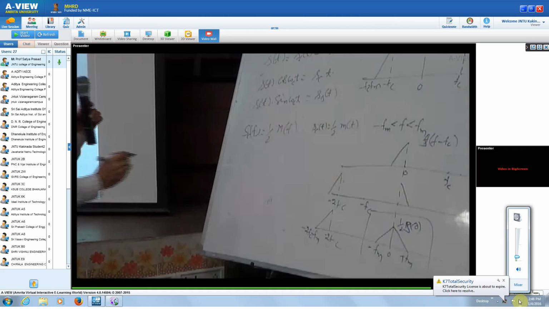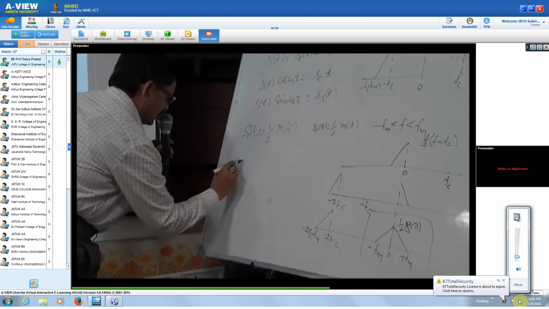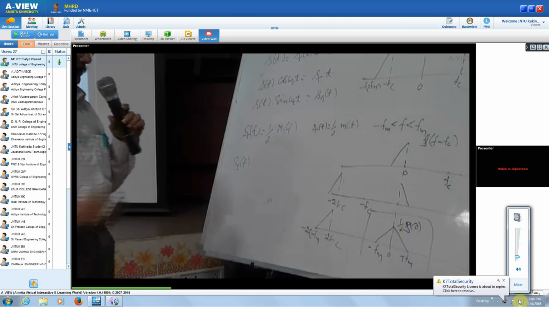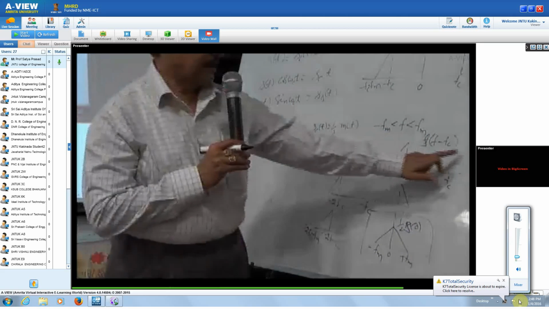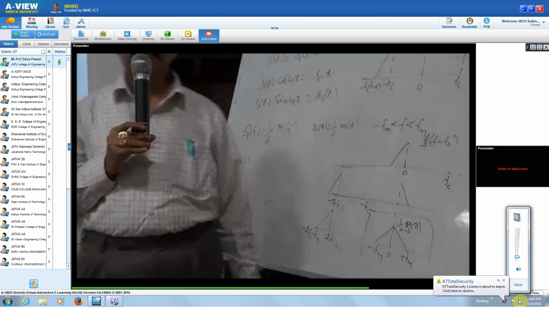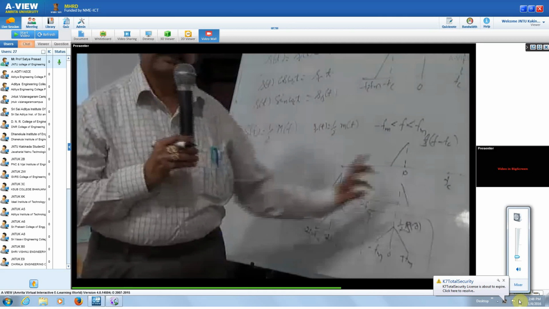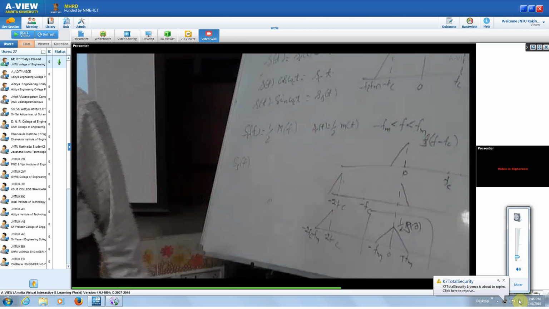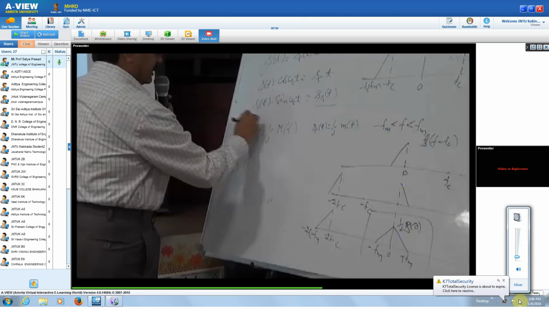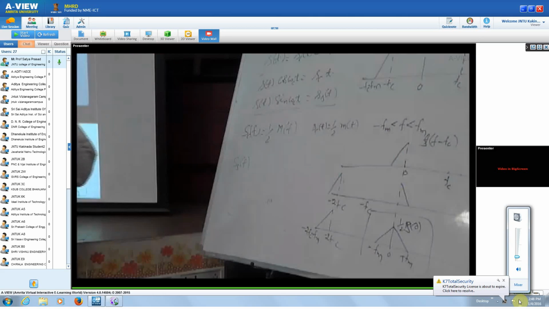Then what is your S of f? This is S of f minus fc, and this is S of f plus fc. Whereas what is SS of t? S of t sin omega ct.